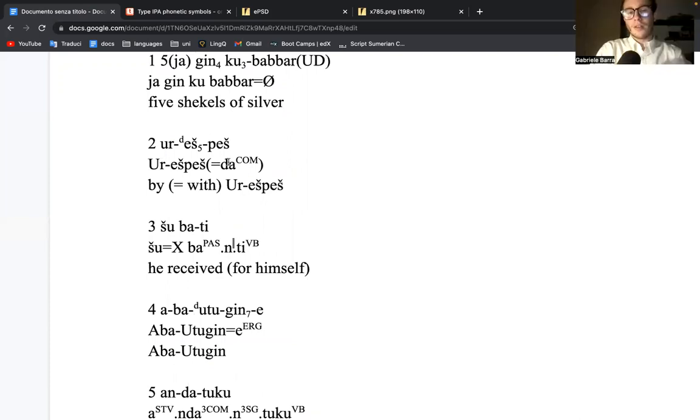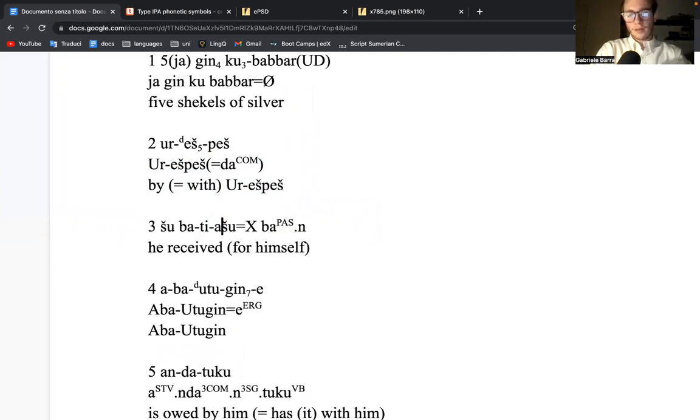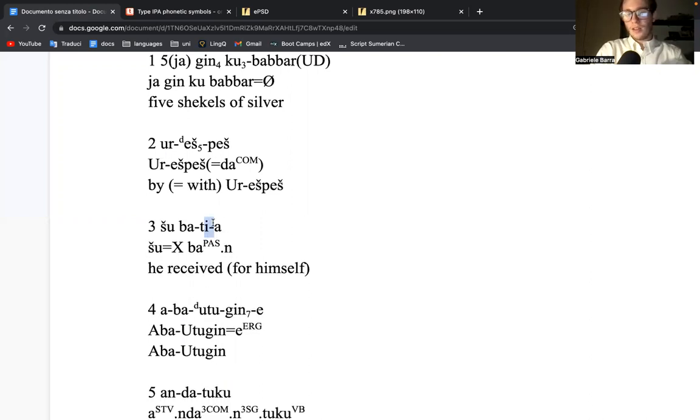Right. The thing is, an ergative would make this the active subject of the sentence. So what would make sense for me is probably just a nominalizer after the t. So like 5 shekels that have been received, and all of this becomes the object. But it cannot be like that, because you have the second term of the action in the comitative here.